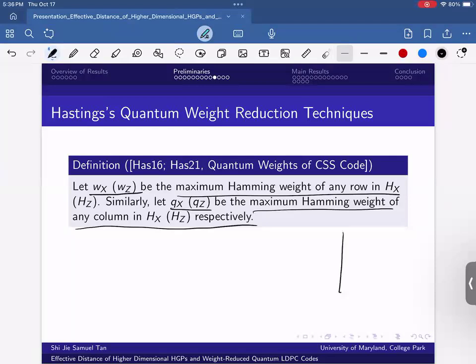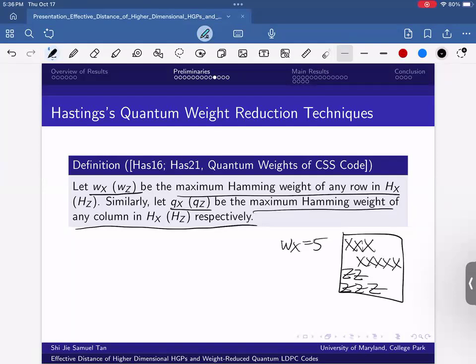So an example would be, let's say you have a matrix that looks like this, and then maybe Z, and then Z. So in this case, Wx is clearly 5, right?